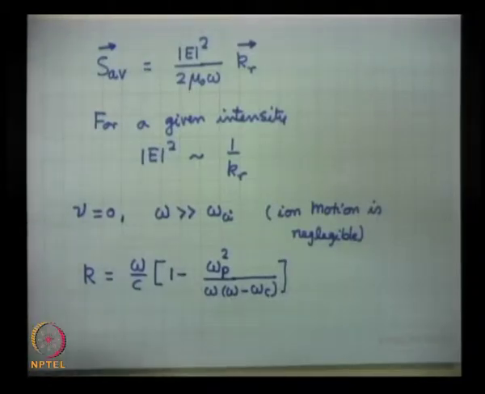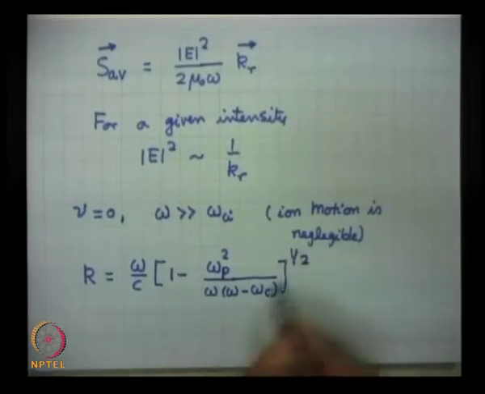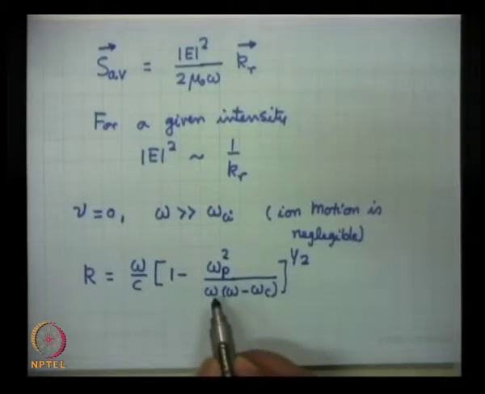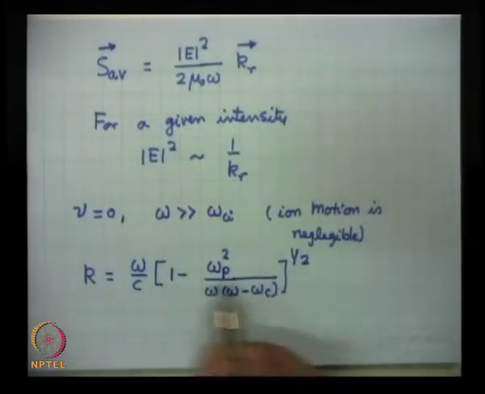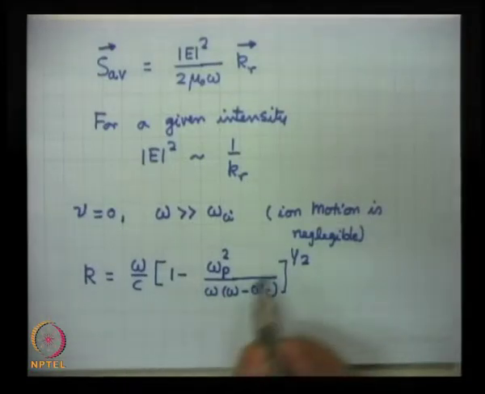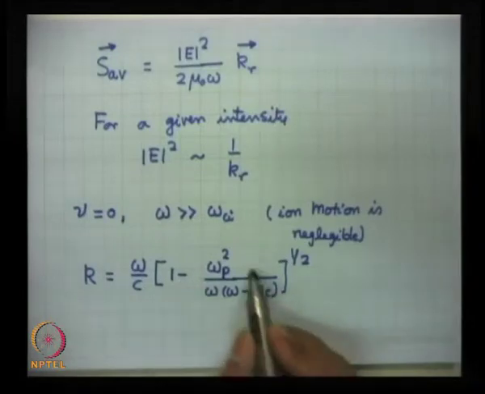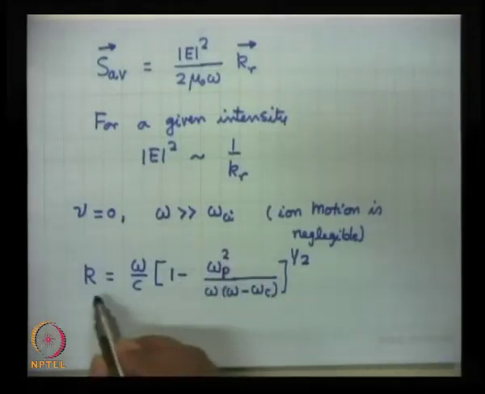Now, you may note that because of this sign reversal, there will be a frequency for which this term is exactly equal to 1. This entire quantity, besides the negative sign, when it is equal to 1, then k becomes 0.